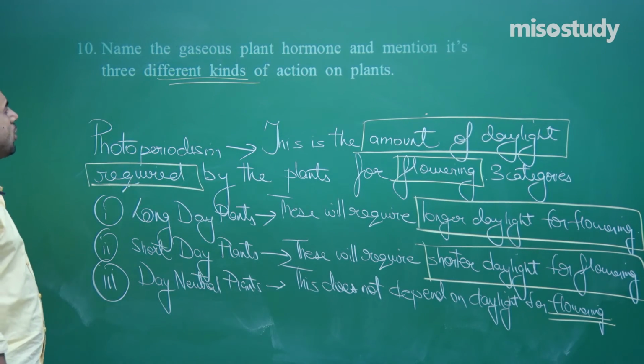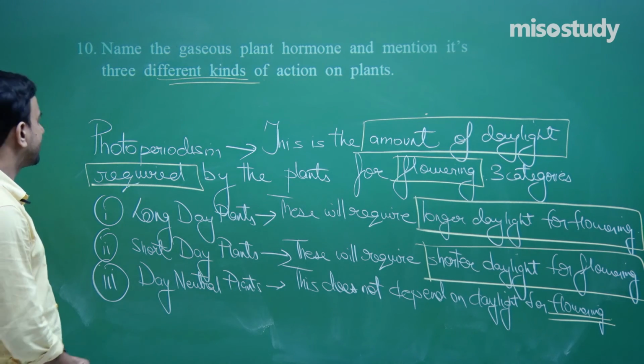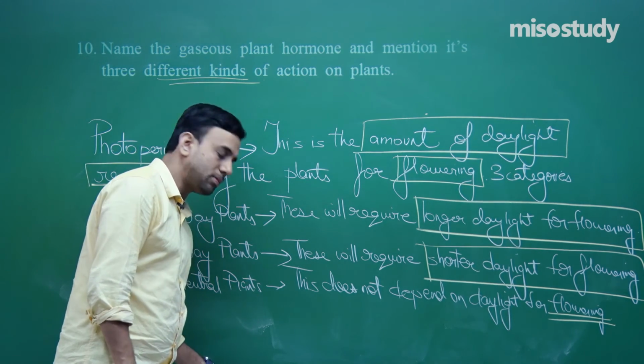Name the gaseous plant hormone and mention its three different kinds of action on the plants.